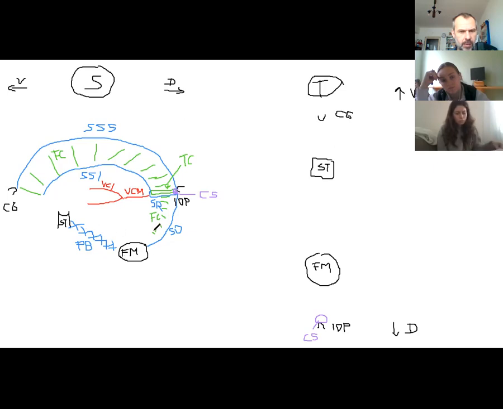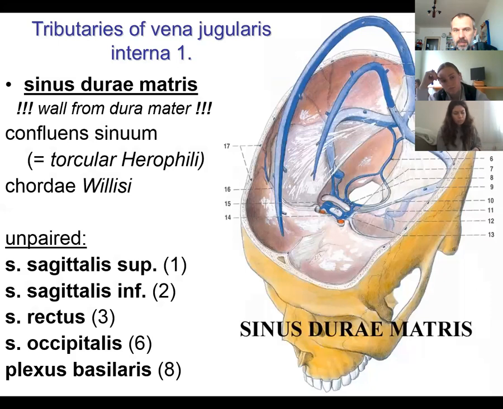And it seems that this is all. 1, 2, 3, 4, 5. Yes, 5 unpaired sinuses. So I'll come back here. And you can see the sinuses here, superior sagittal, inferior sagittal. This is rectus, this short part is rectus. And what is missing here, and I can maybe draw it here, is the great cerebral vein, the vena cerebri magna.